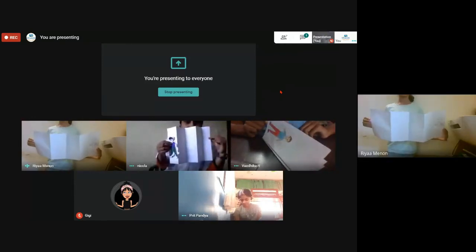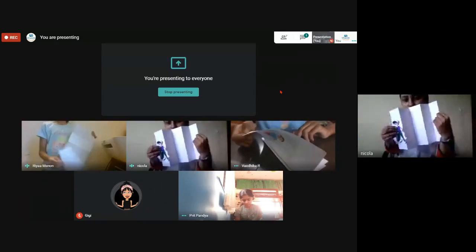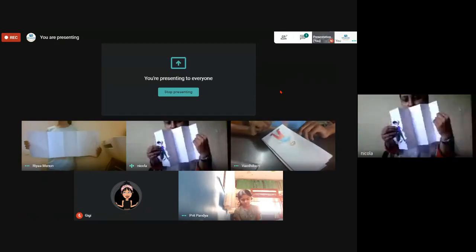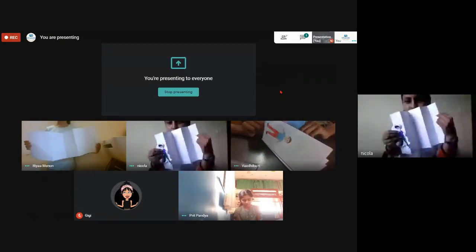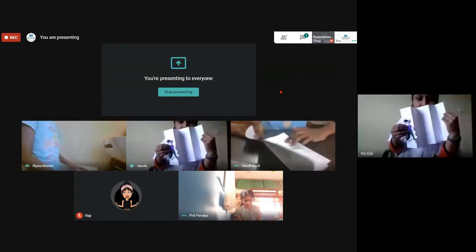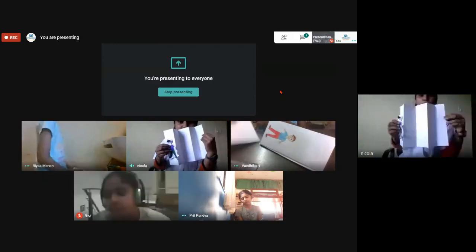Are the folds correct? Okay, Ria. Yeah, the folds are correct. One should be backward and forward and backward and forward. It should look like a fan or a mountain, whatever you call it.